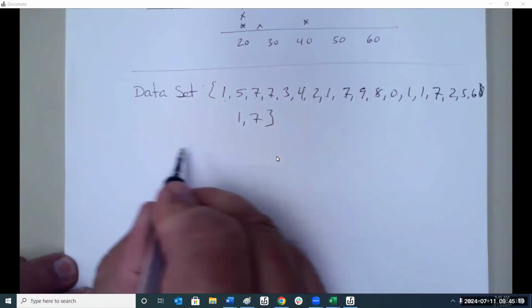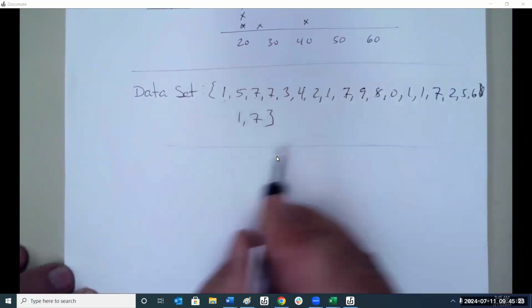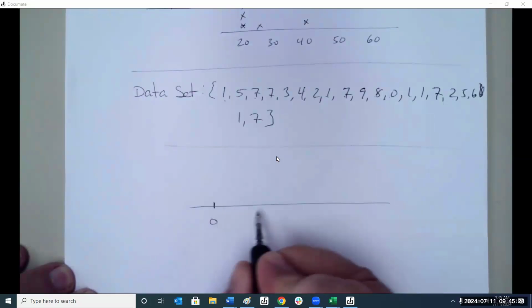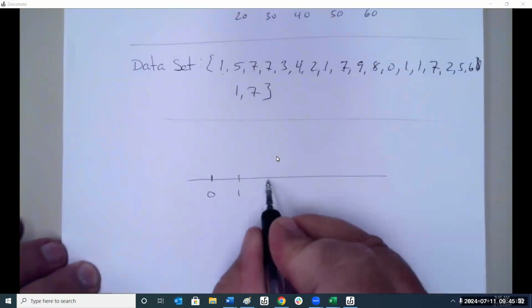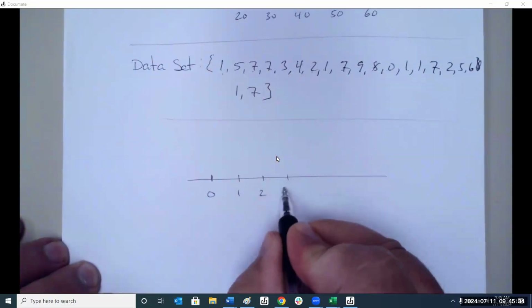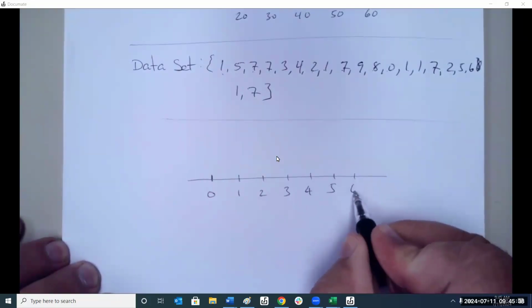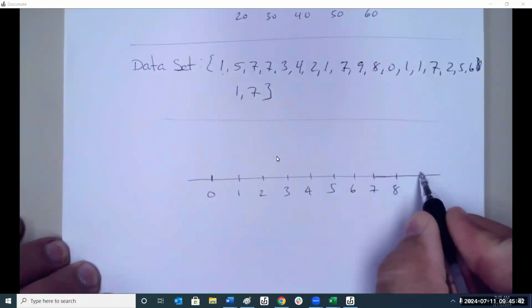So the dot plot, since we know our data is between 0 and 9, we'd have on this line our integers, our outcomes, 0, 1, 2, 3, 4, 5, 6, 7, 8, 9.